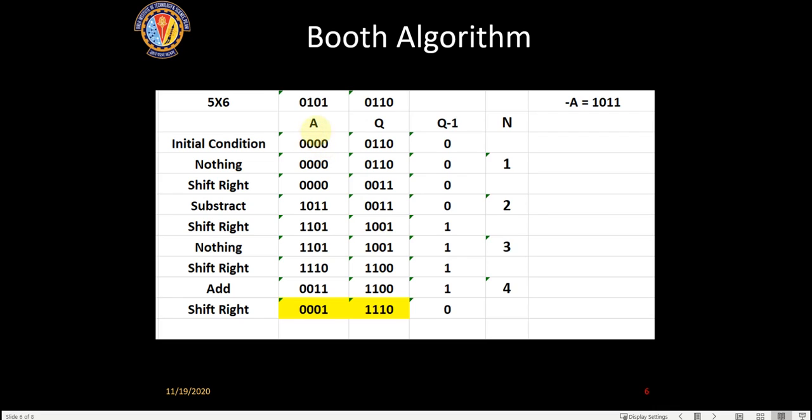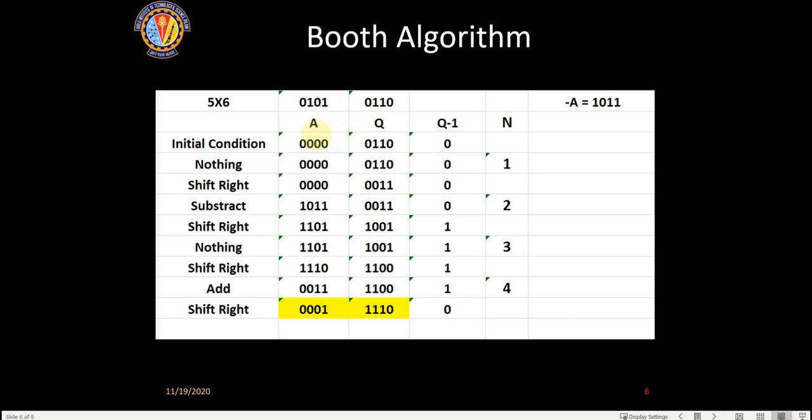So initially I am going to multiply 5 into 6. This is A, this is Q. Initially I am going to put the accumulator as 0, and M is 0 1 0 1. I have put this number in. This is the M, and this is Q. Q is 0 1 1 0, which is equivalent to 6.